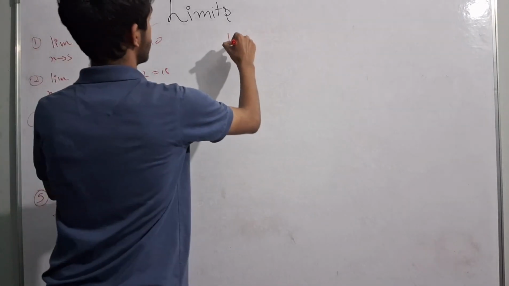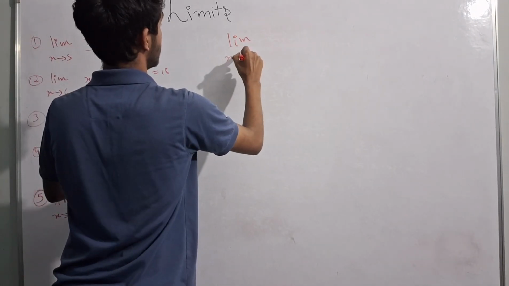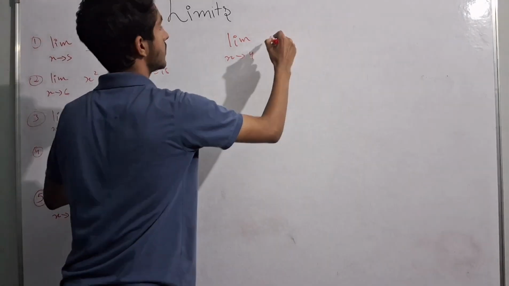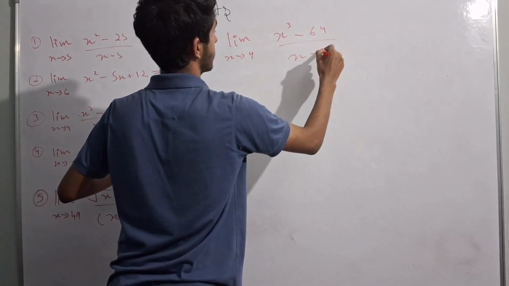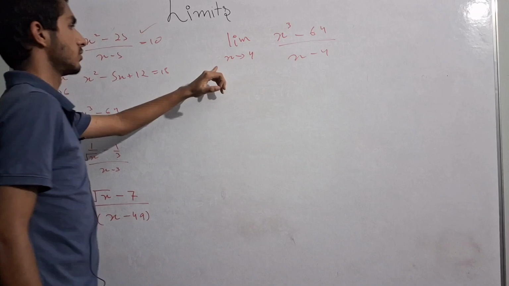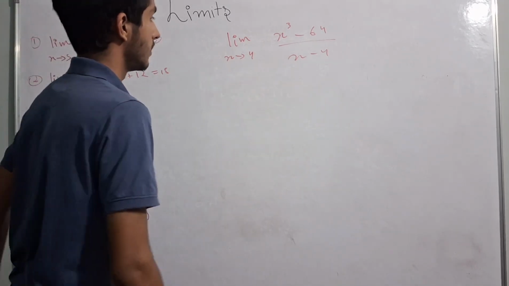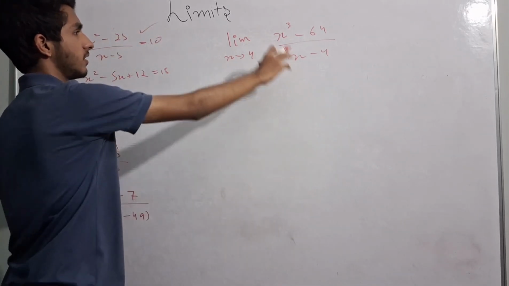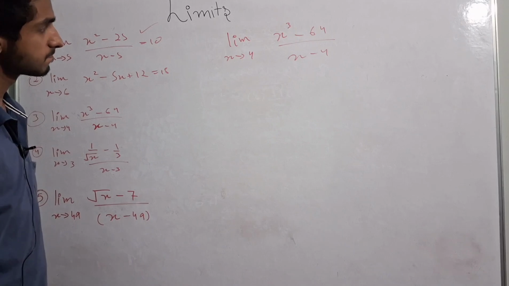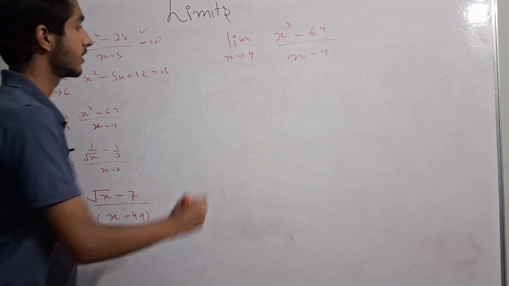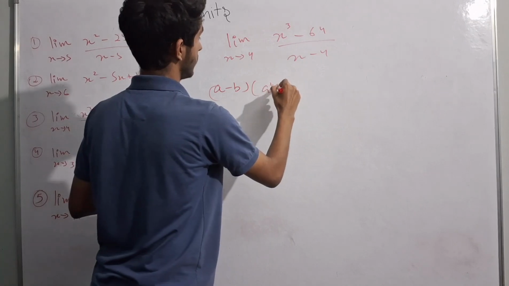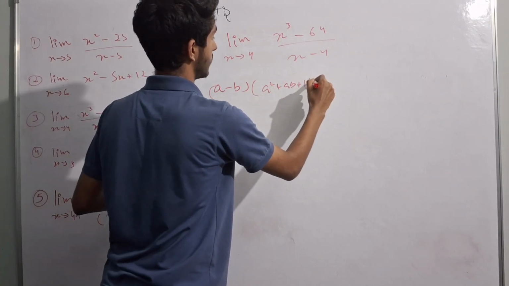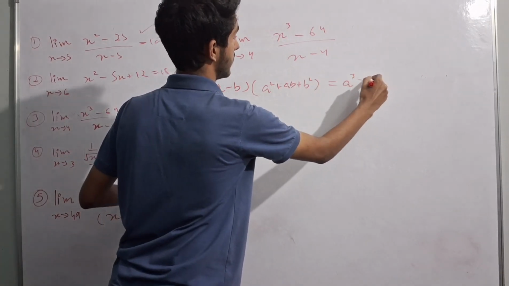The third question is limit x tends to 4, (x cube minus 64) upon (x minus 4). Again, if I put the value of x, I get an indeterminate. So how do I break this down? I can use the identity (a minus b) into (a square plus ab plus b square) is equal to a cube minus b cube.